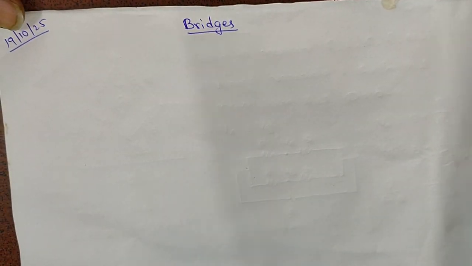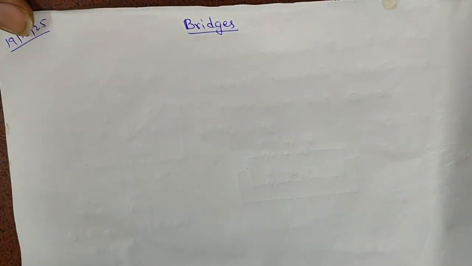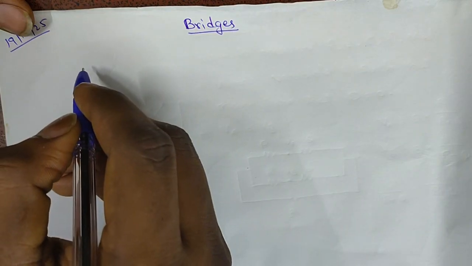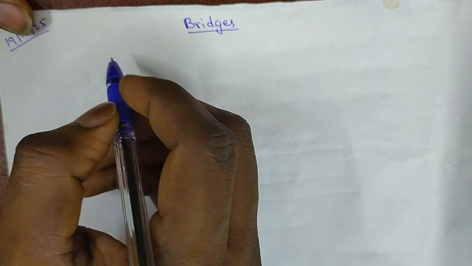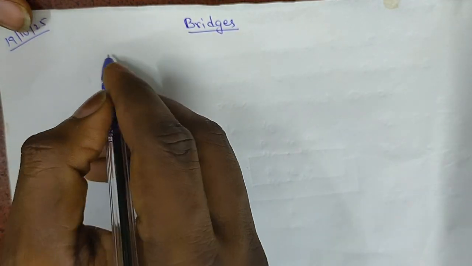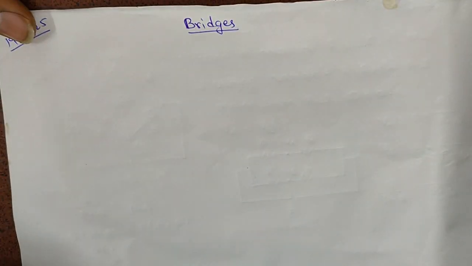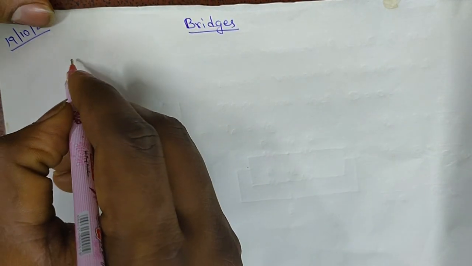Good evening everyone. Today we are discussing bridges. Bridges are circuits which have two parallel branches, and a detector is connected in between the two parallel branches.